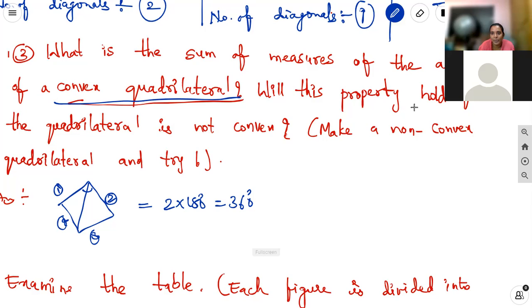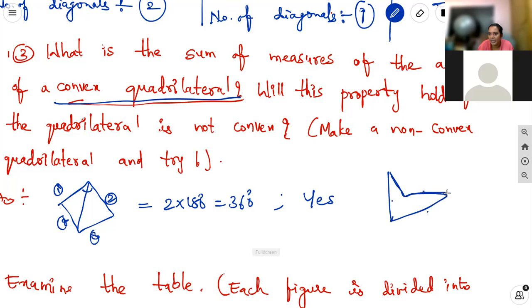Next, will this property hold if the quadrilateral is not convex? Yes, exactly. Make a non-convex quadrilateral and try it. Take the first figure, a non-convex quadrilateral: 1, 2, 3, 4.